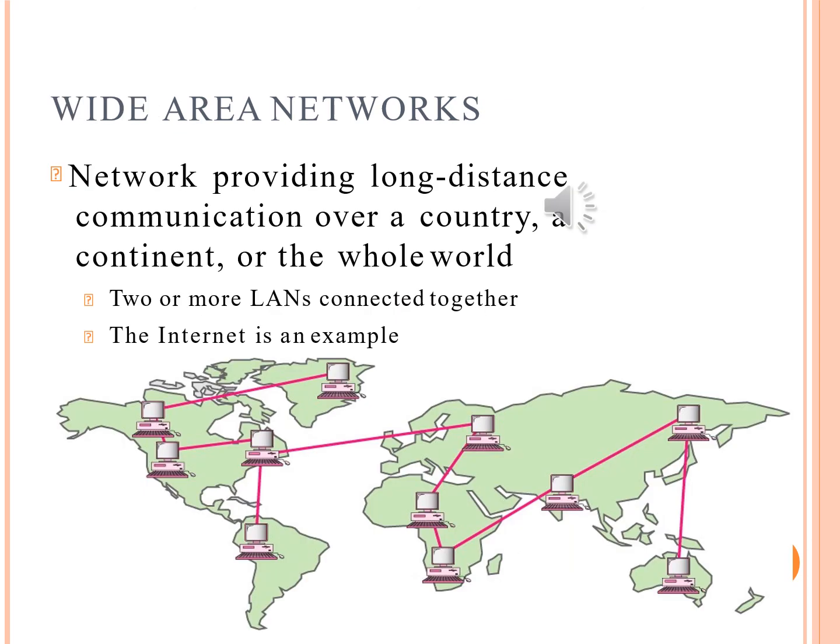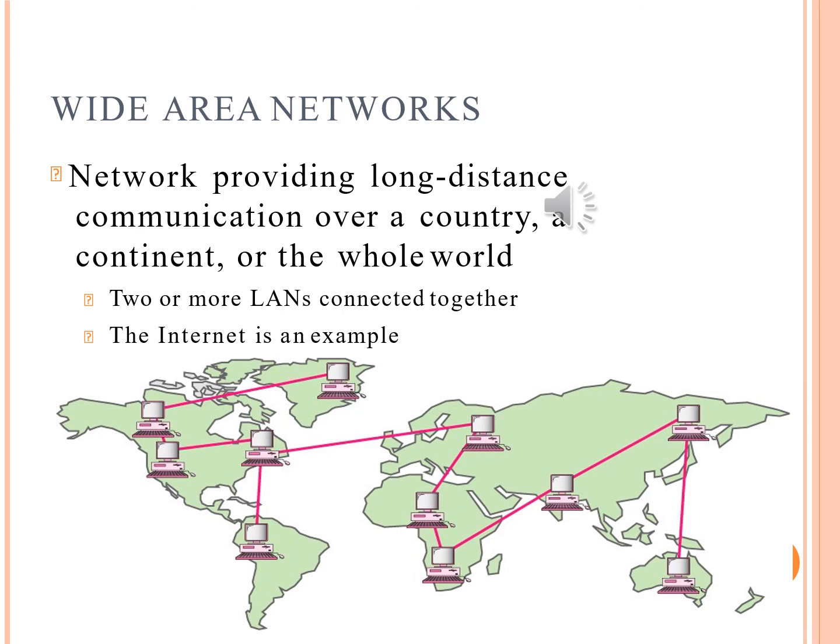Secondly, we have wide area network. Wide area network covers a wide range of area, a wide range of the network, so that we can share resources or data over the world wide web. The best example of a wide area network is the internet. It is a network providing long distance communication over a country, over a continent, over the world wide web.